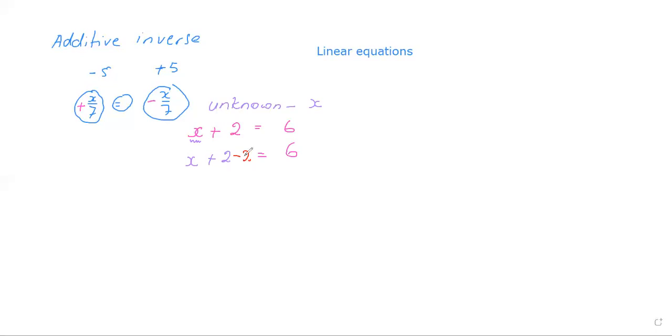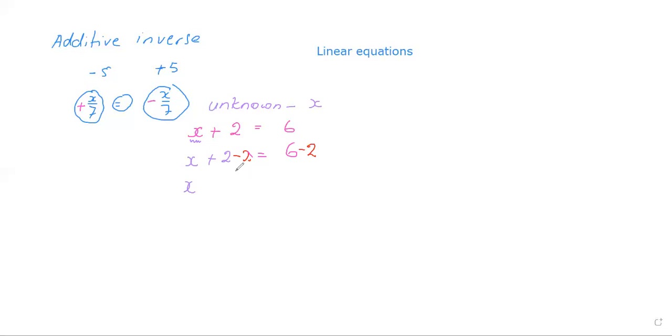On the left of an equation, we have introduced a negative 2 here. We must do the same on the right-hand side. What you do on the left-hand side of an equation, you do on the right-hand side. So 2 minus 2 is a 0. A number and its additive inverse add up to 0.